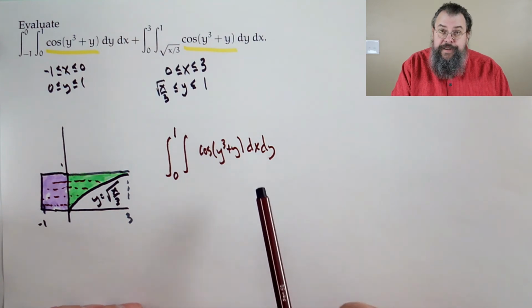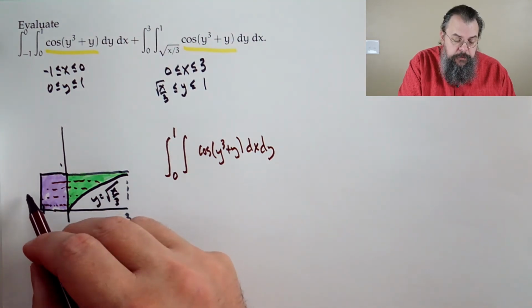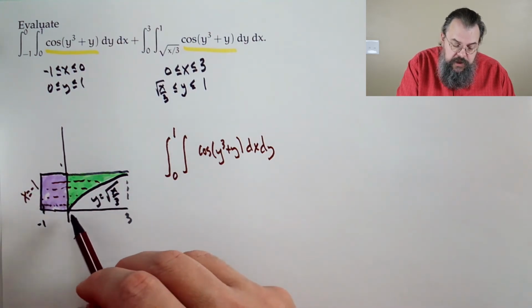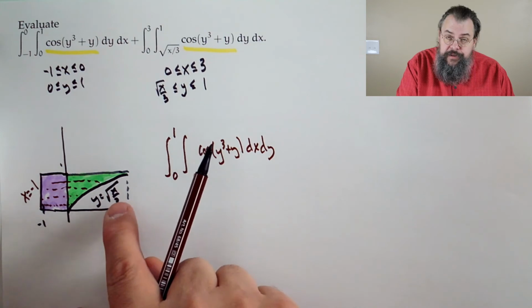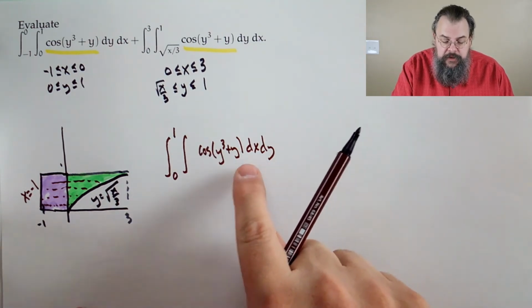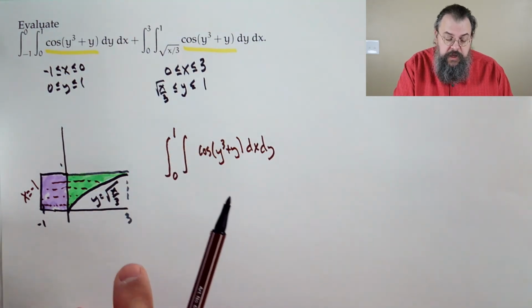Now, where does x go from? Well, we're going to go from the left-hand side, which corresponds to x equals -1, out to this curve. Now, currently it says y is a function of x, but we need to get it as x is a function of y. These are x bounds, so I'm going from x equals something to x equals something.